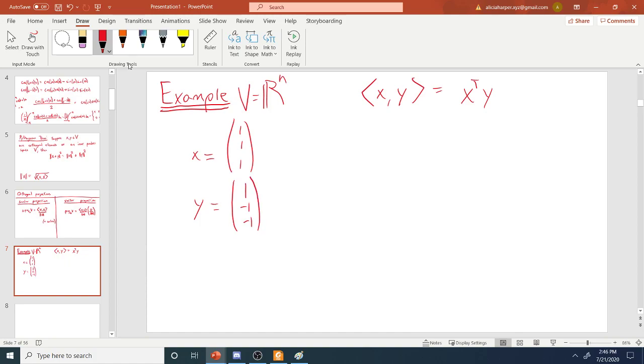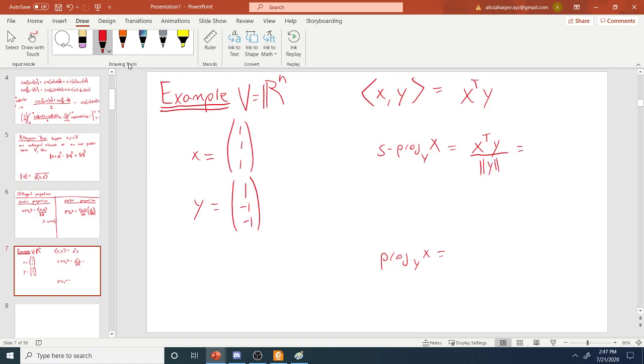What I want to do is compute first the scalar projection of x onto y, and then the vector projection of x onto y. So the scalar projection here is going to be x transpose y divided by the length of y.